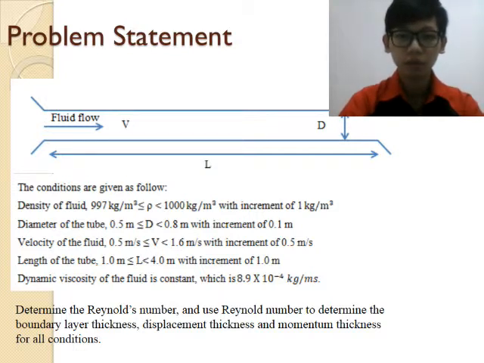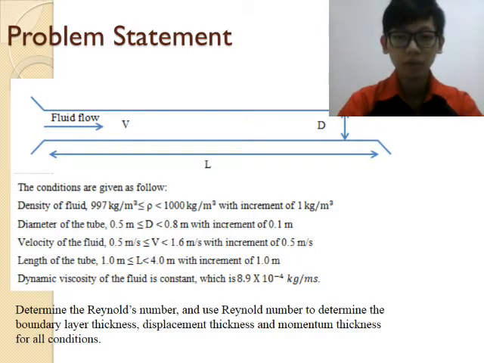The diameter of the tube is varied from 0.5 meter to 0.8 meter with an increment of 0.1 meter. And the velocity of the fluid is varied from 0.5 to 1.6 with an increment of 0.5.